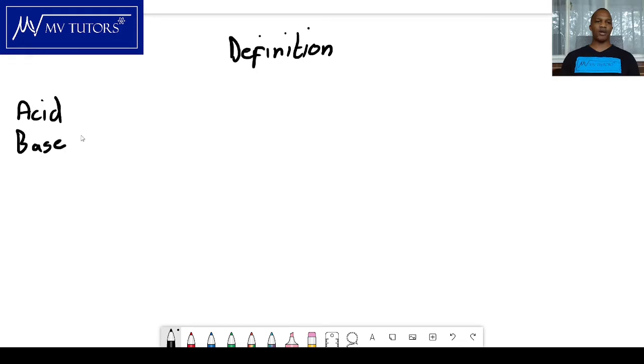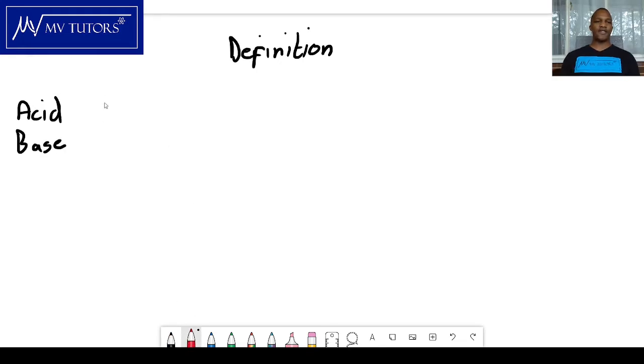Okay, so let us start with the definitions, because it's very important to understand the definition of the terms. So let's start with an acid. We'll define an acid and then we'll define a base as well.